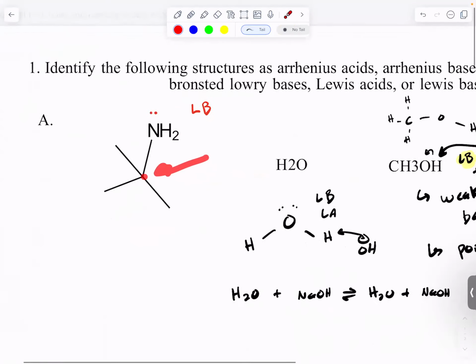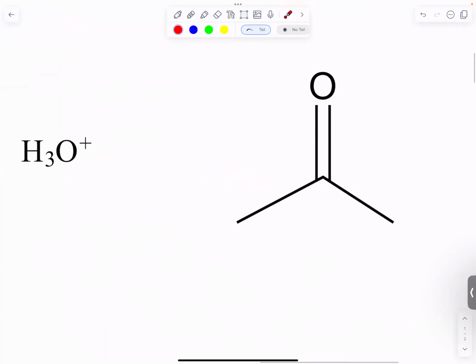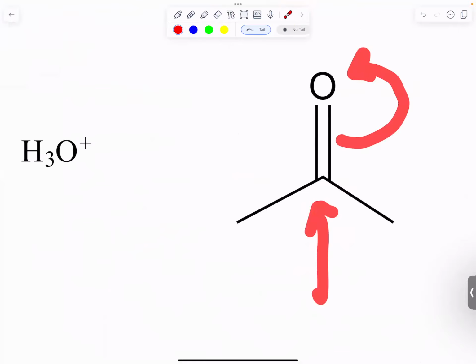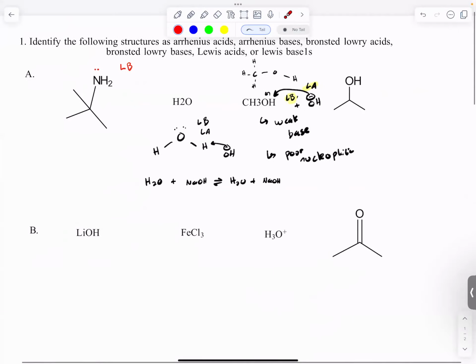Versus over here, this one is much more obvious. You've got a partial positive here. You know that if you brought something here, you could break a pi bond and move in that direction. So that's a good indicator for the two questions that she likes, identifying that electrophilic carbon, for example.